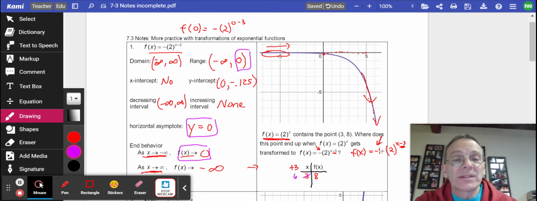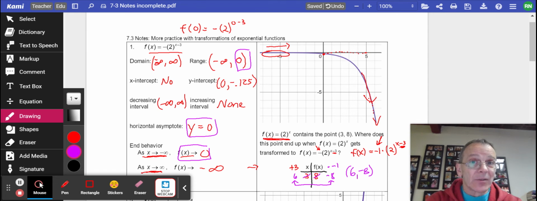And then this -1 times is being applied to the function values, the y values. So we're going to multiply all the y values in the table by -1. And so the +8 turns into a -8. So the point (3, 8) gets transformed to the location (6, -8).